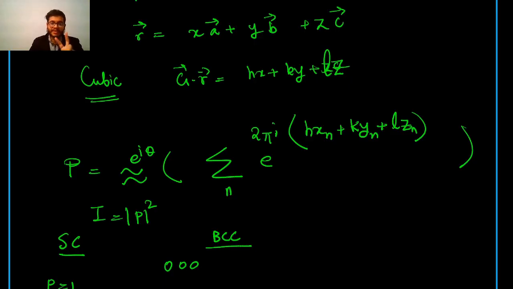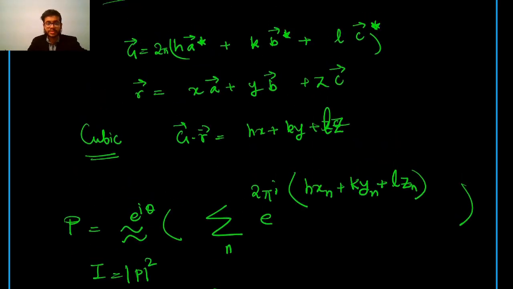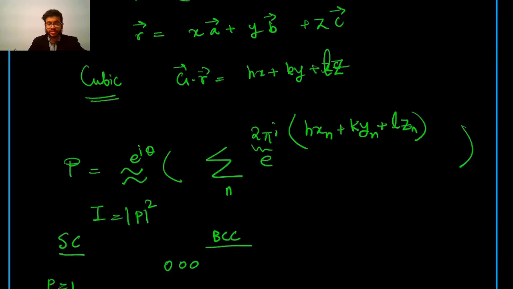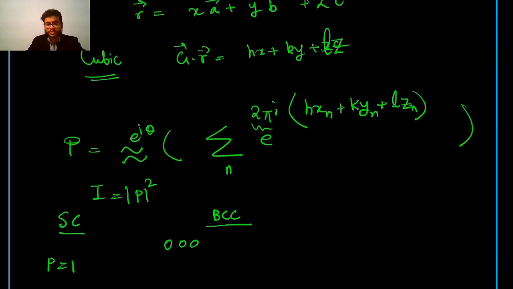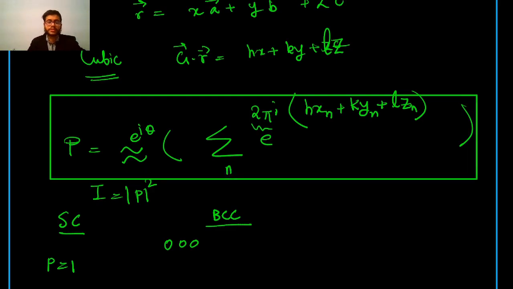You can also absorb the 2 pi into the G, or if you don't write G as this, then you can write 2 pi in front. So let us change the convention a little bit. There are both ways of doing that, but this is the formula we will be following. So there is a 2 pi factor.